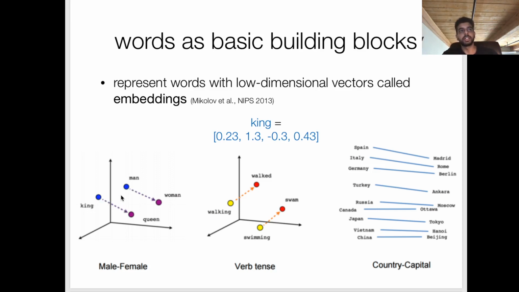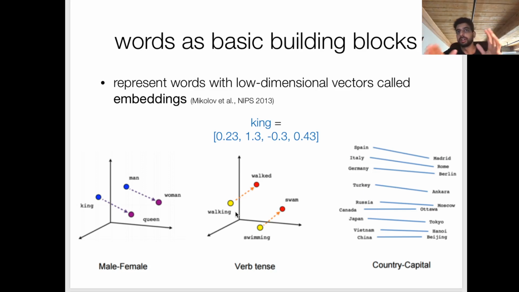So the relation of gender here is captured in the vector space by the direction and distance of man and woman from each other. There's also syntactic similarity that the word embeddings exhibit. So walking and walked, right? They have the same stem. If you remember the linguistic level of morphology that we talked about in the beginning of the first video of this class.